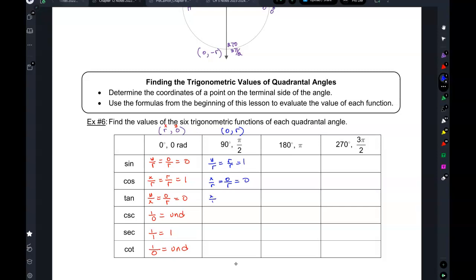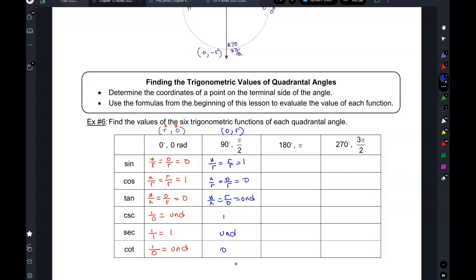Tangent, x over y, how much? 0 over r. Oh, no. No, sorry, it's y over x. Oh, boy. R over 0, undefined. Okay, and then what would the cosecant be? 1, secant, undefined. Cotangent, ooh, 0.